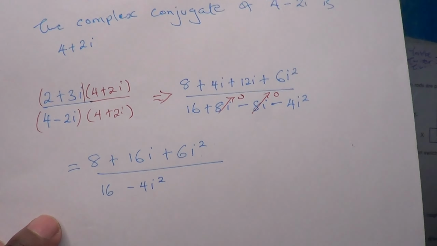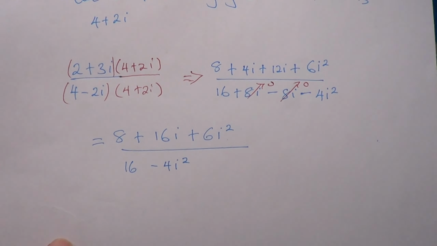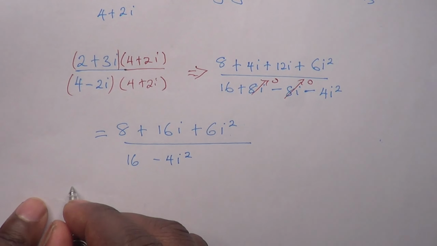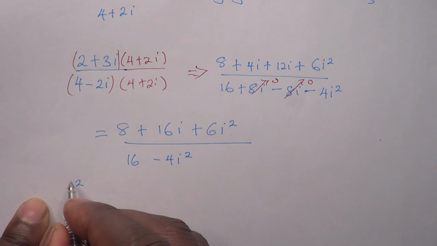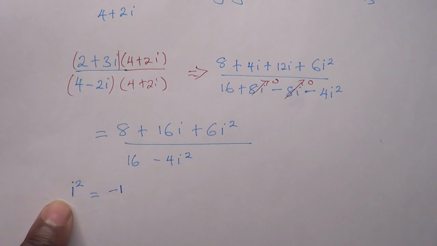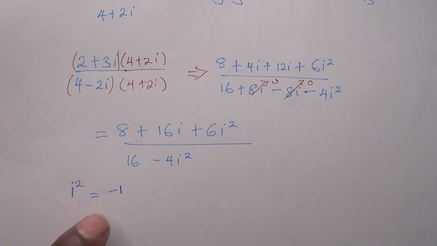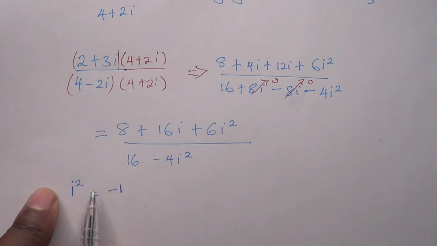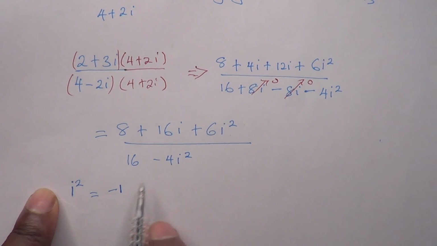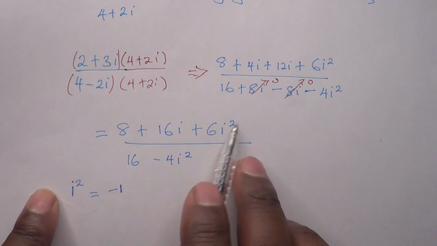So there's something I need to introduce to you. Remember, imaginary number squared, that's i squared, is equal to negative 1. Okay, i squared is equal to negative 1. So because i squared is equal to negative 1, I need to remove this one and replace it with negative 1.